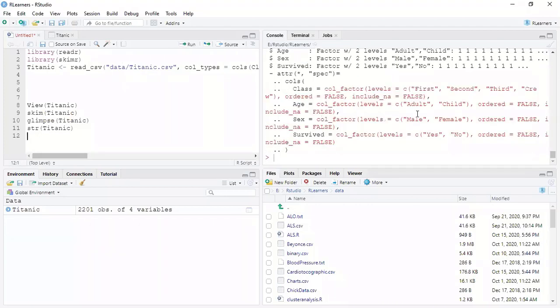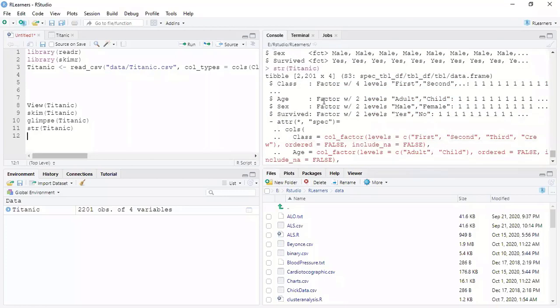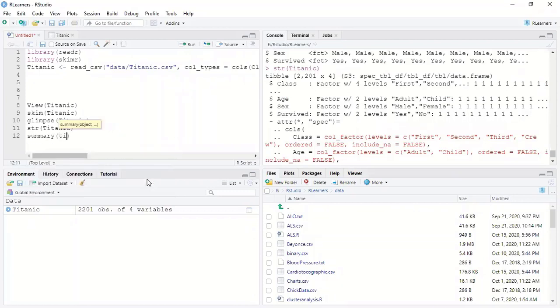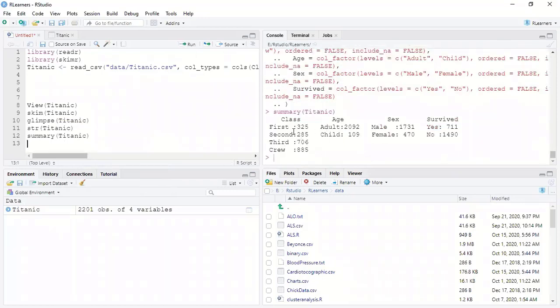So we have class, which is a factor with 4 levels, age with 2 levels, sex has 2 levels, survival has 2 levels. We can also do a summary of that data set. First class had how many people, age, sex, just the same statistics we had the other side.